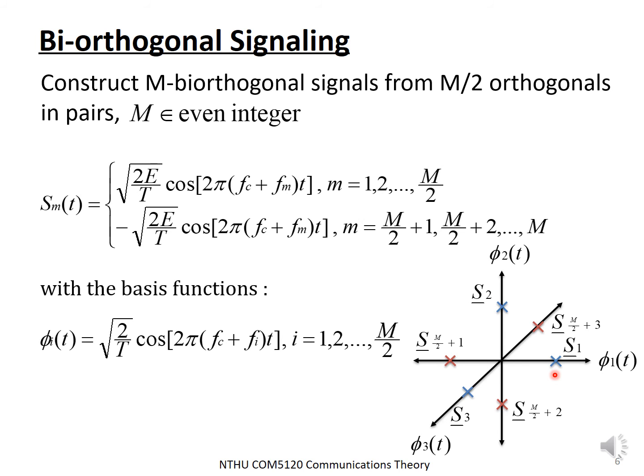So the bandwidth is saved, and that offers better spectral efficiency compared to the classical MFSK.